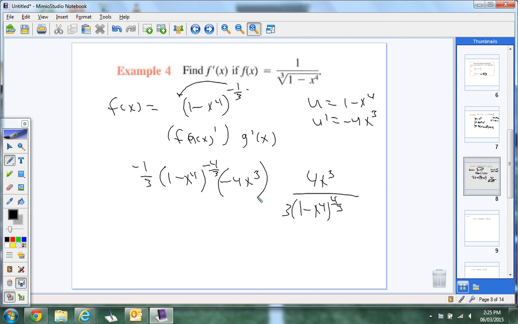And this negative went to the bottom to be positive. Right, I just dropped this down, and then I multiplied these two for the top.